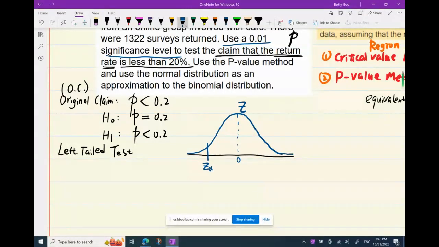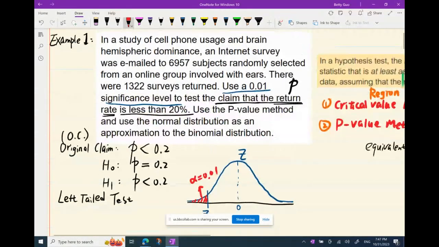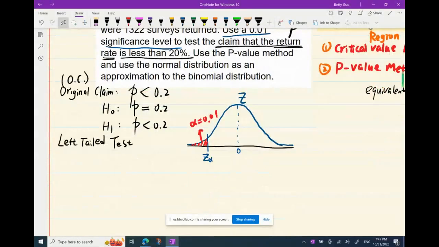This region is going to have area alpha, which is 0.01 in our case, predetermined. And you know what? That red, shaded region is the critical region. The shaded region, let me write it down.